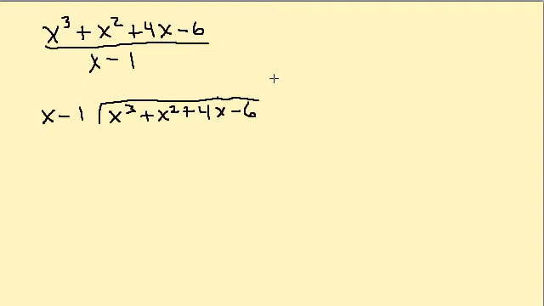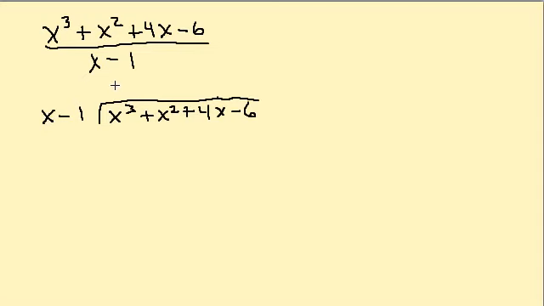Alright, let's take a look at another one. We have x cubed plus x squared plus 4x minus 6 over x minus 1. So we're going to rewrite it. We're going to divide these using long division. So we look at the x here. We ask ourselves, what do we multiply to x to get x cubed?